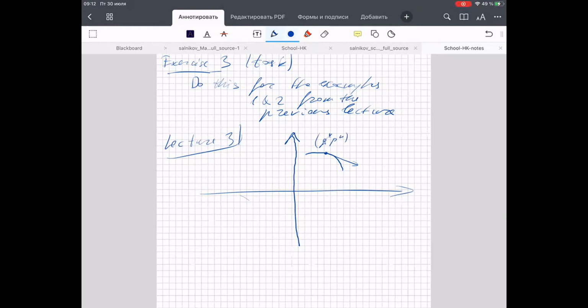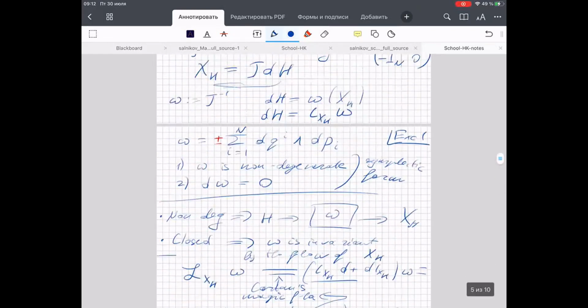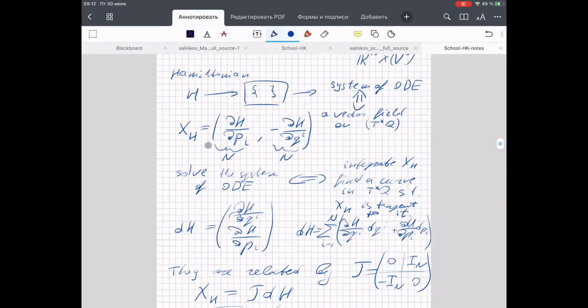And we agreed that Qn+1, Pn+1 is computed by the Euler method. So that will be Qn plus delta t times Qn dot, and we remember what Qn dot is: it is dH over dP, and Pn dot is minus dH over dQ.